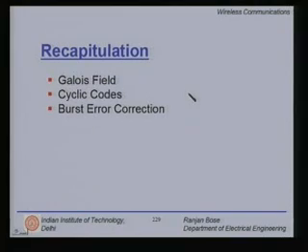We then moved into the domain of burst errors, which are very likely in wireless communications. When we get into deep fades, we encounter errors which are not randomly distributed, but occur in bursts, and we also realized that cyclic codes are a very powerful class of error correcting codes which can be used for burst error correction.